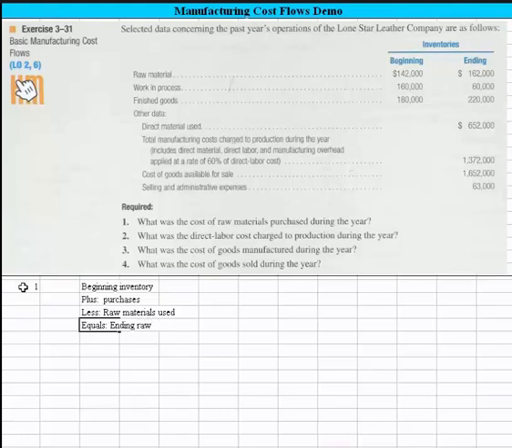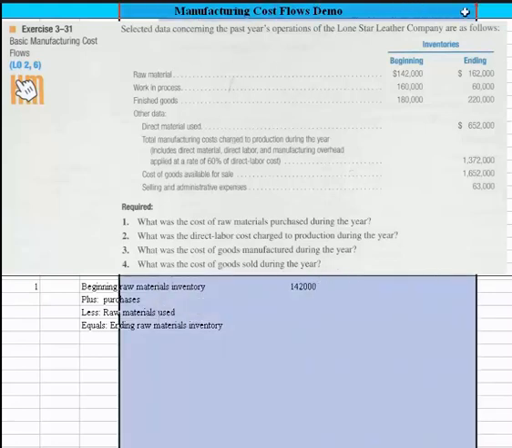Ending raw materials inventory, okay? And we'll change that to beginning raw materials inventory. Okay, so let's put our numbers in. Well, we know the beginning is $142,000. It's given in the first number, the table above. Again, let me format some of these so that it's all in comma with no decimal places.